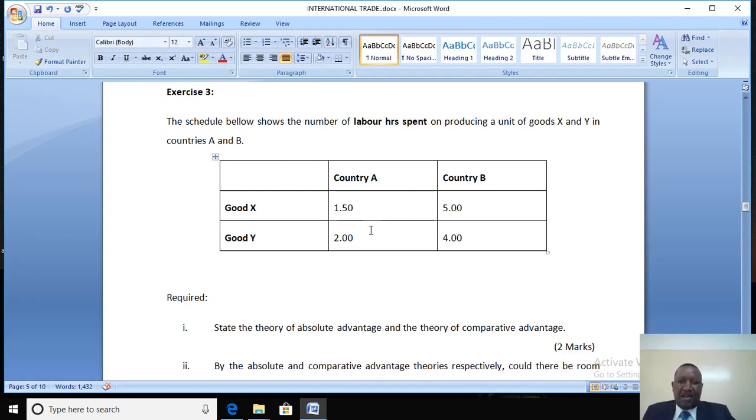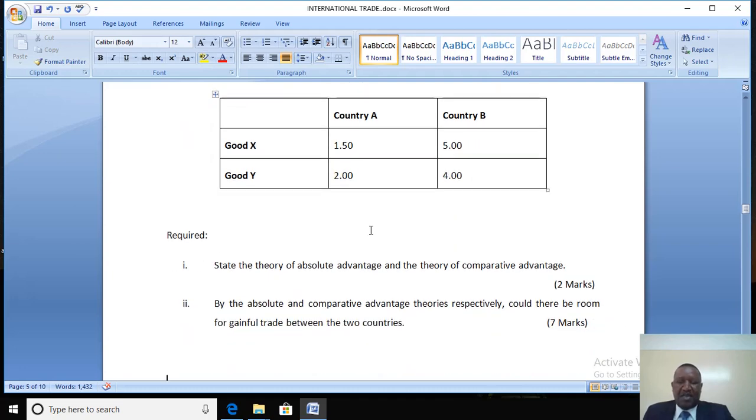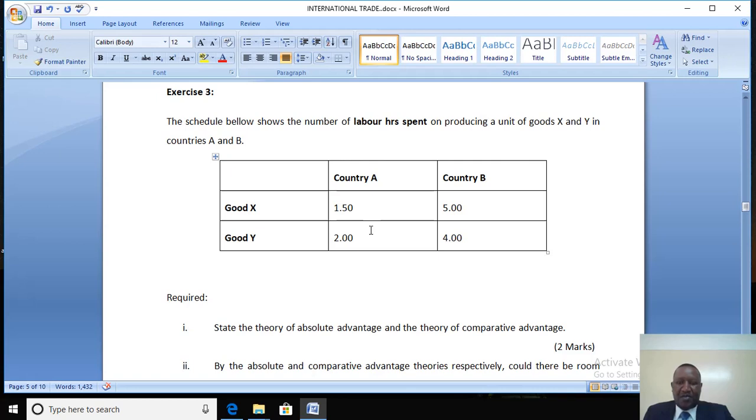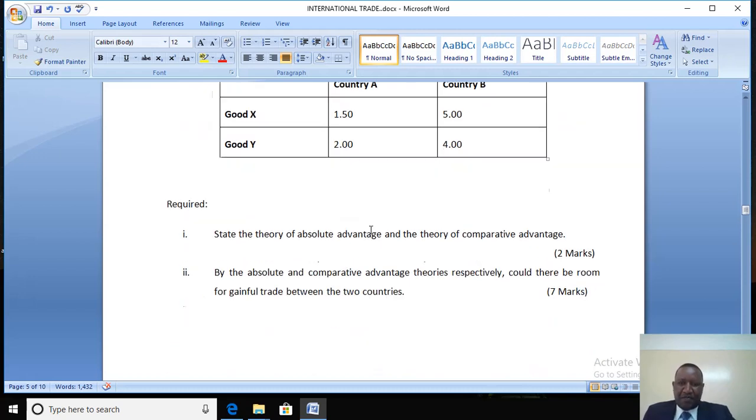You are given labor hours instead of actual output. So what are you supposed to do? The first thing will be to convert this table into an output table, or make estimates of what output will be if you were to use a given number of hours to produce actual units of a product.